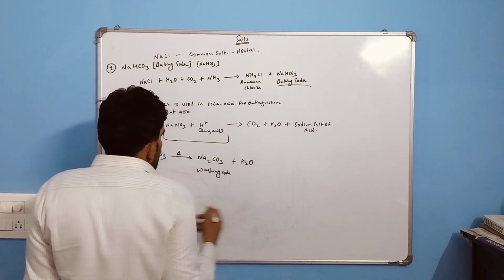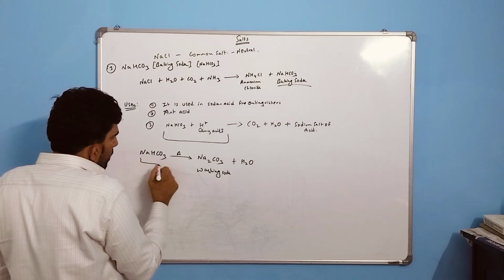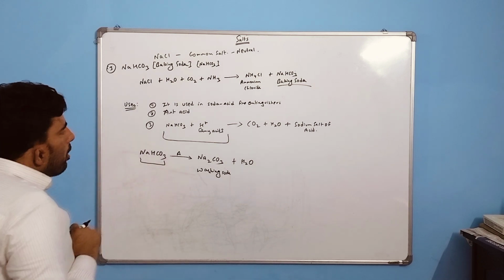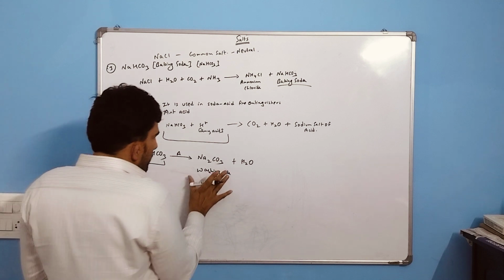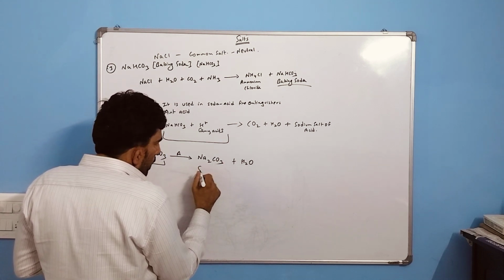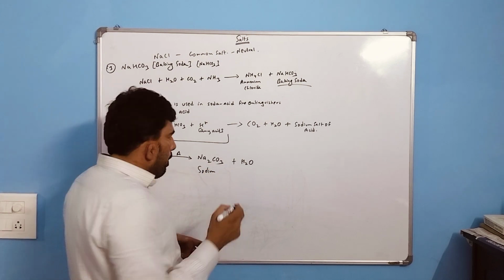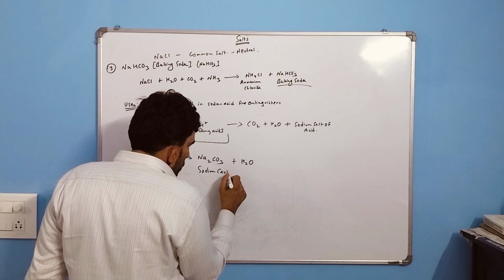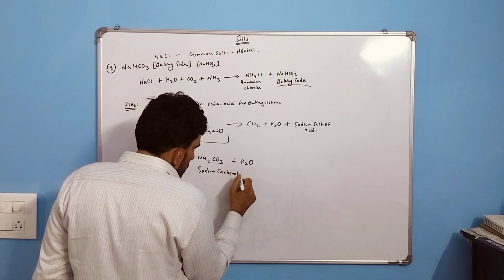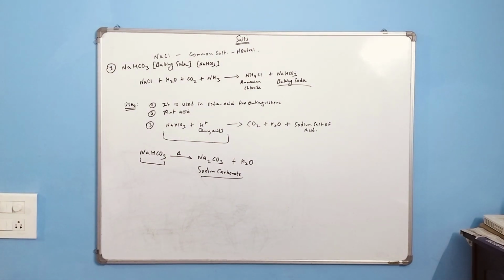When you heat baking soda, you get washing soda. Its chemical compound name is sodium carbonate. So that is how this is formed.